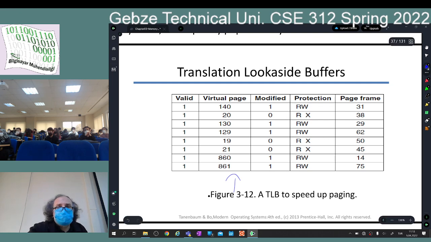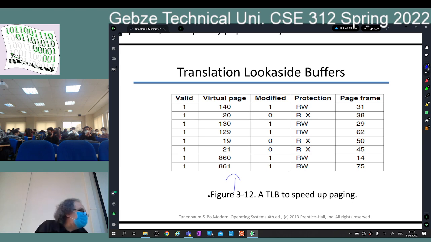I had the protection. I had the page frame. But I didn't have this virtual page number column. Can anybody tell me why? Why do I now have to keep this virtual page column inside the TLB, but I didn't have it in my page table? Remember, TLB is kind of a copy of the page table, but only a small part of it, the most frequently used part of it. So now, why do I have to keep the extra information?